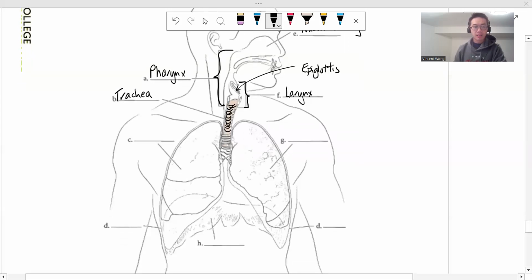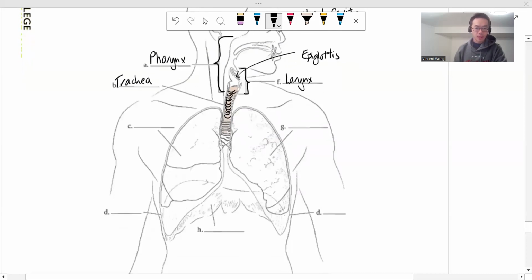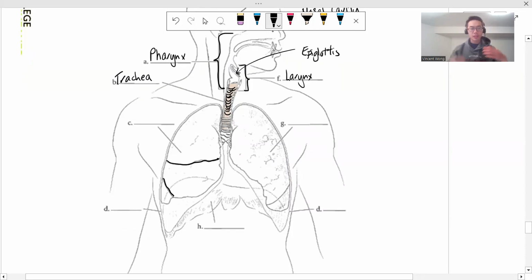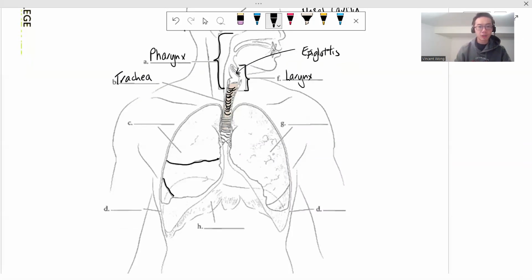And we have lungs here. There are two lungs. We have one on each side. And on the right side here, this is going to have three lobes. Okay. There is this kind of groove, we call it a fissure, and it separates the lungs into different lobes.